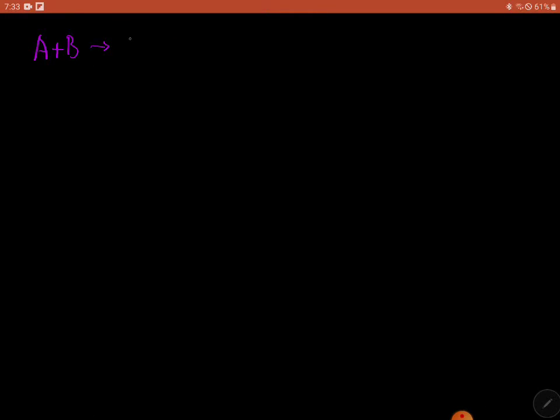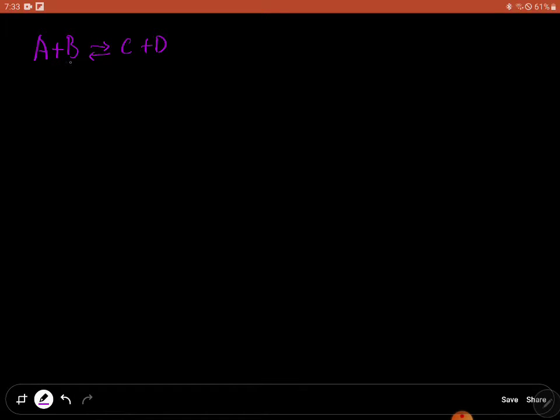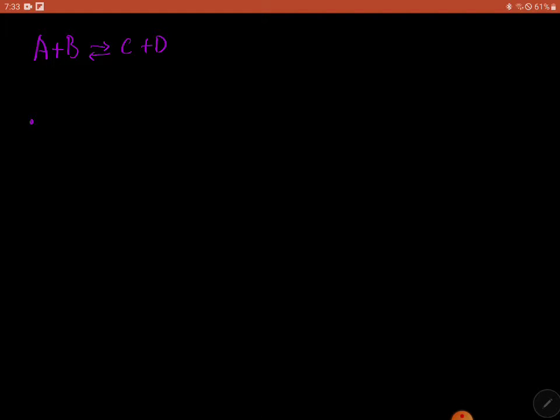Chemical A and B react with each other to give C and D. There is the presence of chemical A and B together, and they collide with each other.